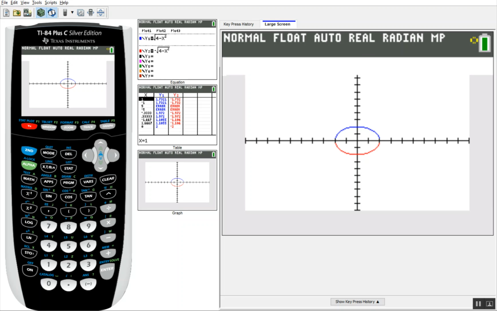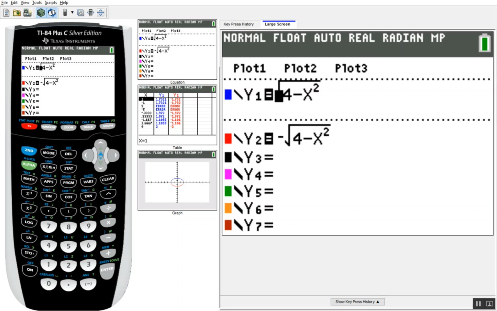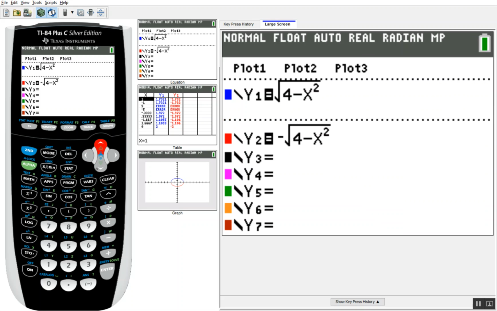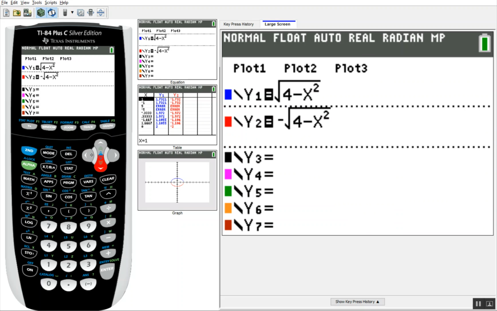So if we go back to the equals mode, we can go over here, and so what I did was, I had to remind myself, I just navigated with my arrow keys down to the second equation.